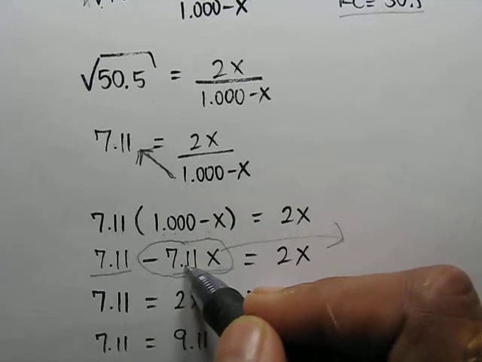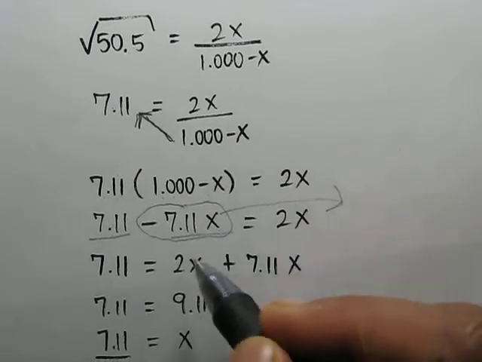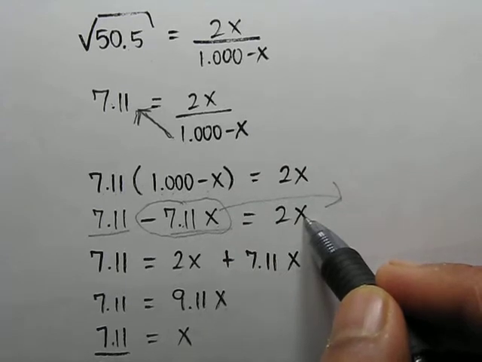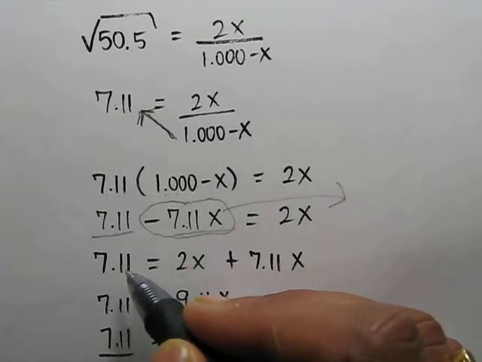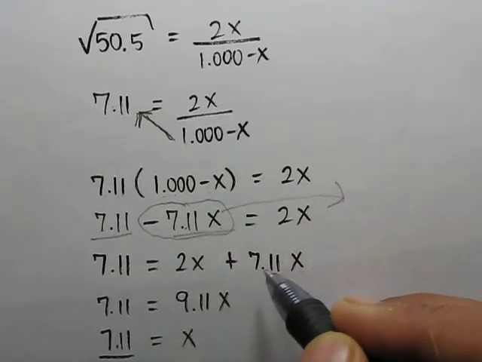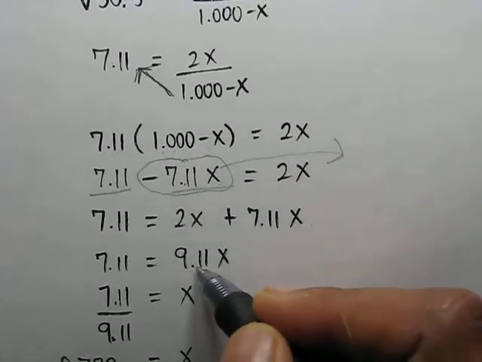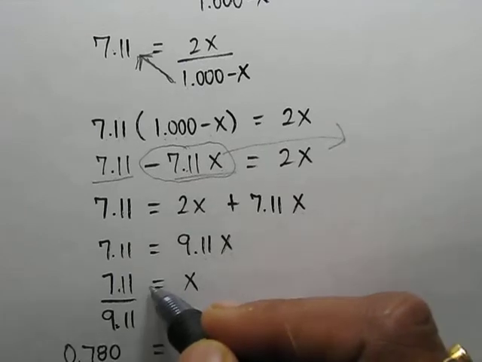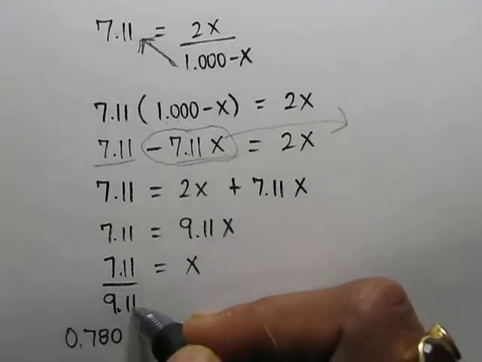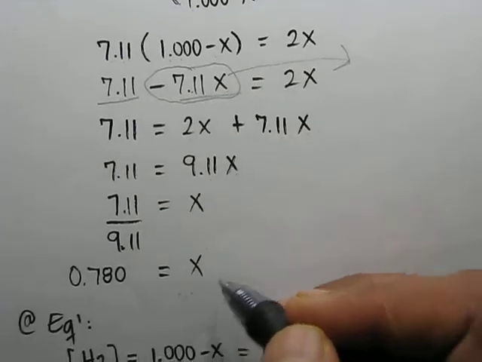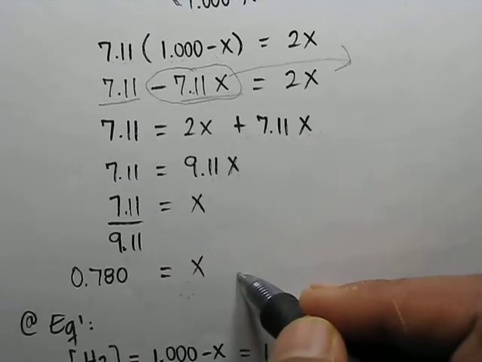Then we can move the x terms to the same side, so this will become 7.11 equal to 2x plus 7.11x. Then these two will be added together, and x will become 7.11 divided by 9.11. So from here we got the x value.